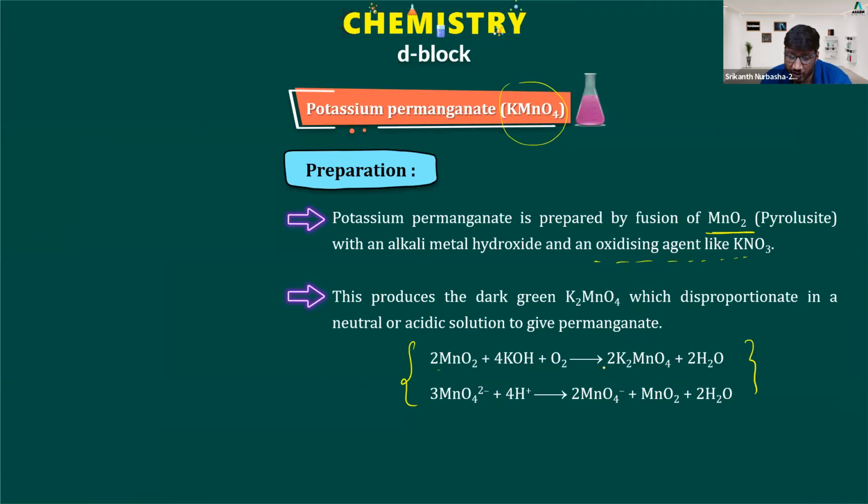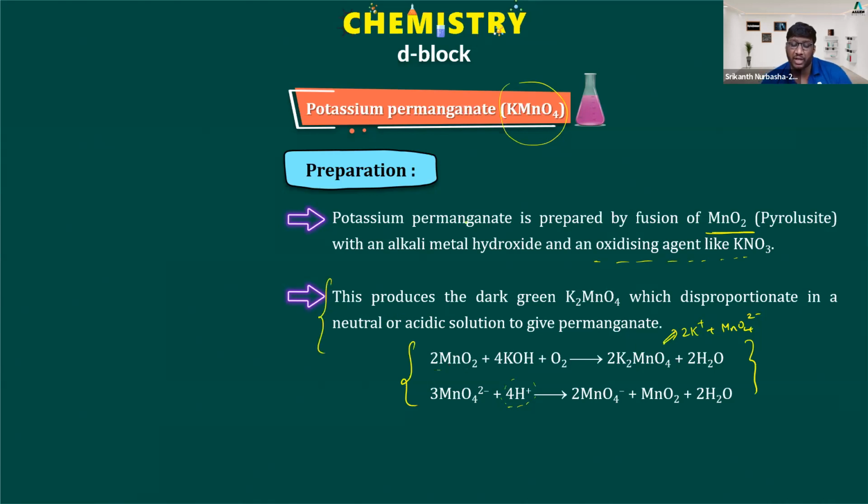MnO2 plus KOH plus O2 will form K2MnO4. K2MnO4 means you have 2K+ and MnO4 2- ion. This MnO4 2- again reacts in the acid medium and forms MnO4-. Write down these reactions.